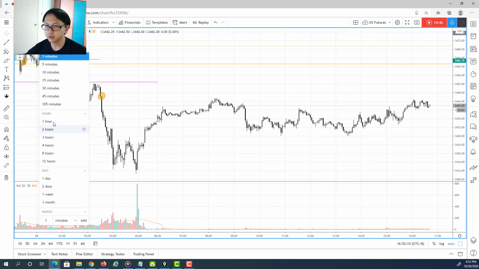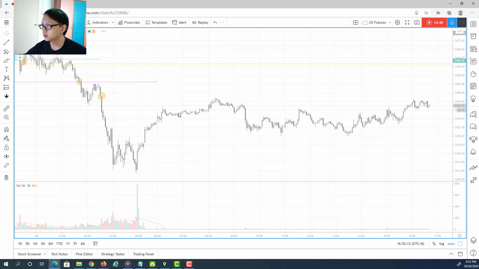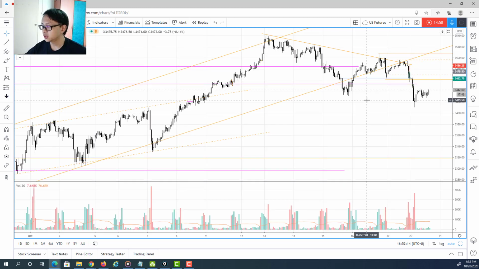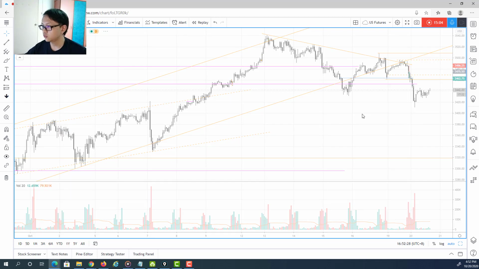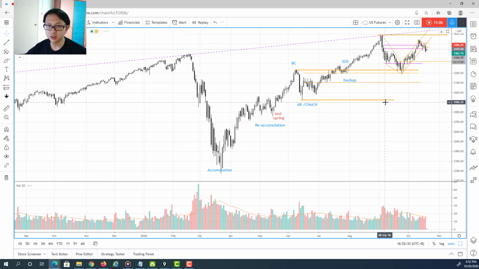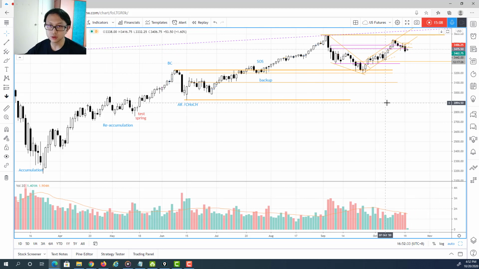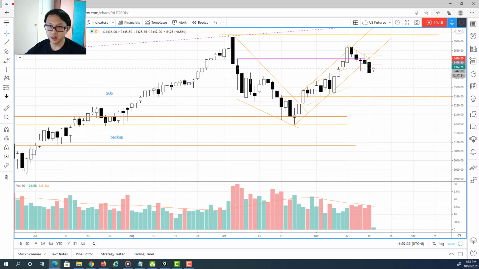So let me just go down to the 1 hour time frame, and let's talk about the current market condition. So I do think that there is some bearishness in the market, especially that we have seen continuation. If we take a look at the daily, for the past 5 sessions: bearish, bearish, bearish, bearish, bearish again.